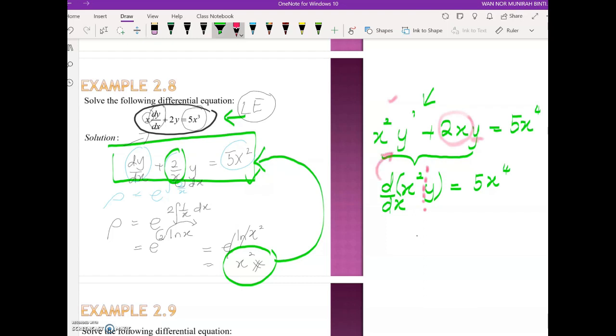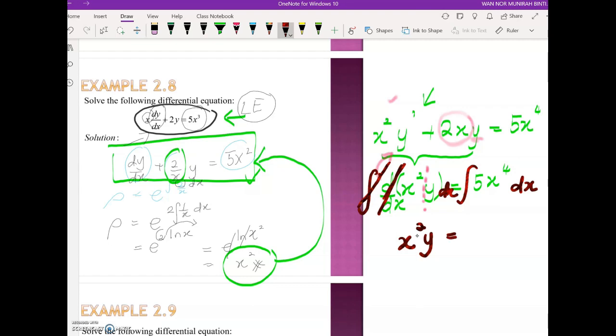Alright, so after I simplify both sides of the equation, now I can simply integrate both sides of the equation with respect to x. Integrating and differentiating something, you can cancel out so that we have x squared y.